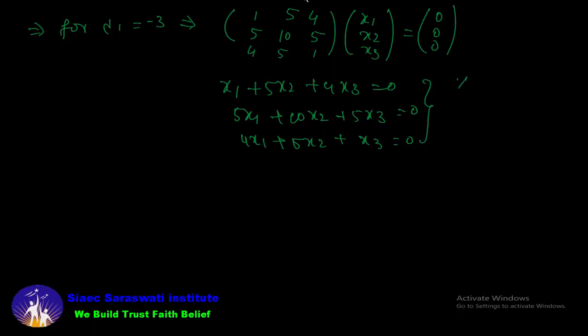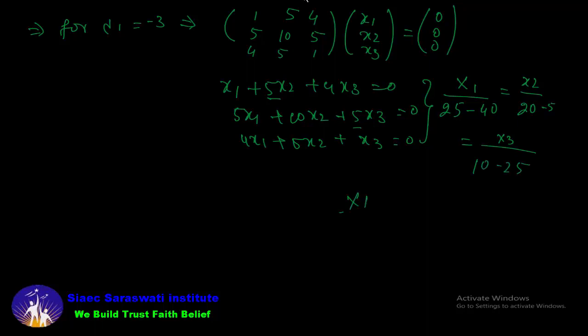So x1 upon the coefficient of these, that is 25 minus 40, x2 upon the coefficient 20 minus 5, and x3 upon the coefficient 10 minus 25.